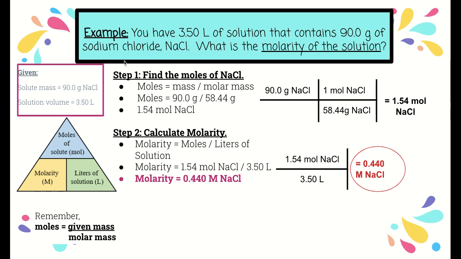It's not always going to be 1, okay? I know that when we were talking about the molarity of things and how to prepare a solution, you use 1 liter. But in these problems and in real life, when you're trying to figure out the molarity, it's not always going to be 1 liter of solution. So we figured out the moles of our solute, put that down here, and divided it by the volume of the total solution.